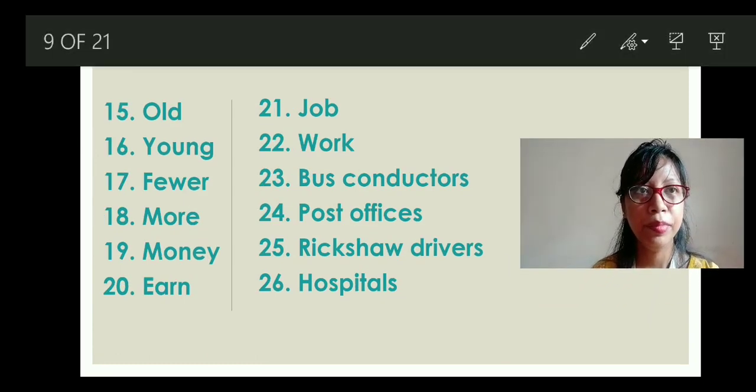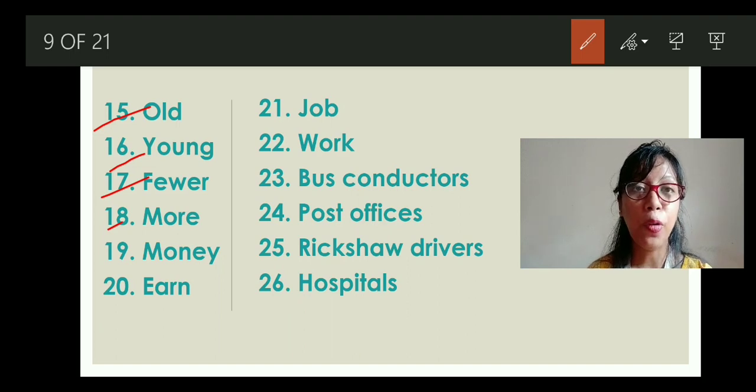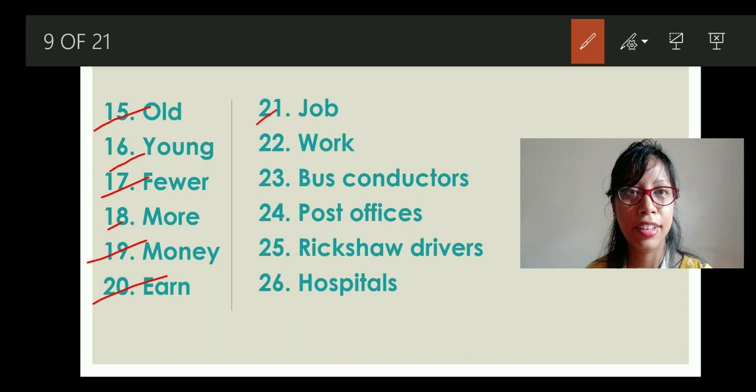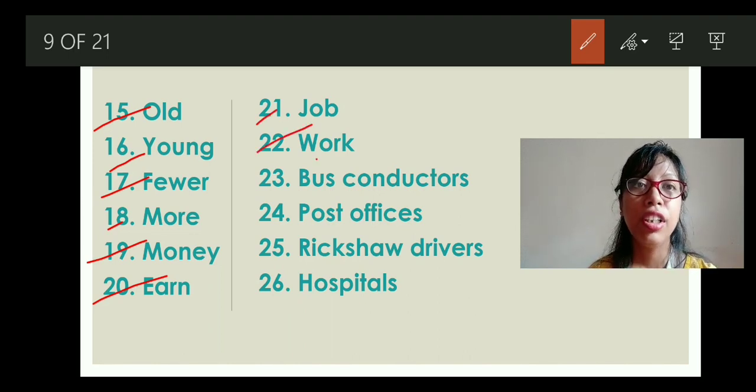There are a few more words. Let's read them out. Number 15, O-L-D, old. 16, Y-O-U-N-G, young. 17, F-E-W-E-R, fewer. 18, M-O-R-E, more. 19, M-O-N-E-Y, money. 20, E-A-R-N, earn. 21, J-O-B, job. 22, W-O-R-K, work. 23, B-U-S, bus conductors. 24, post offices. 25, rickshaw drivers. 26, hospitals.